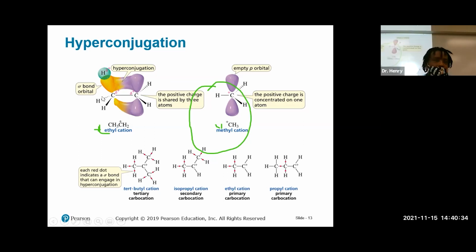That's not going to be so stable, right? So as a result, you're going to end up getting your hydrogen to break that pi bond, and then you're going to get catenation of the carbon.